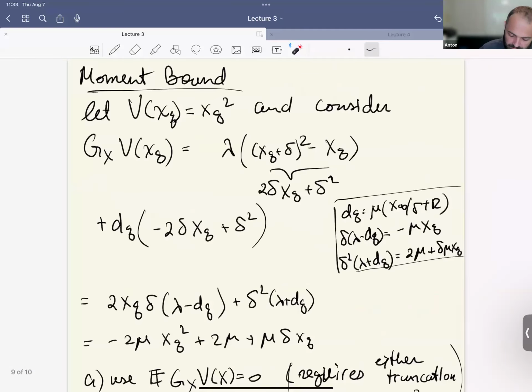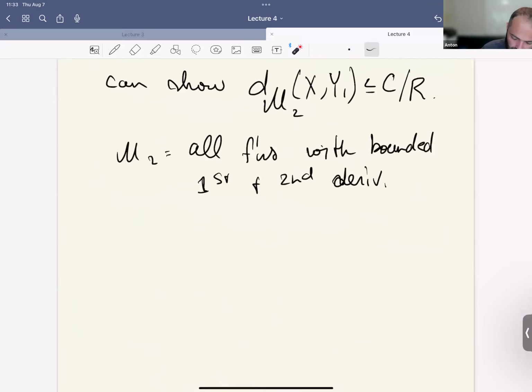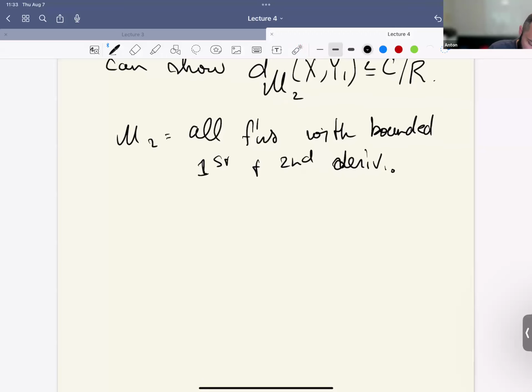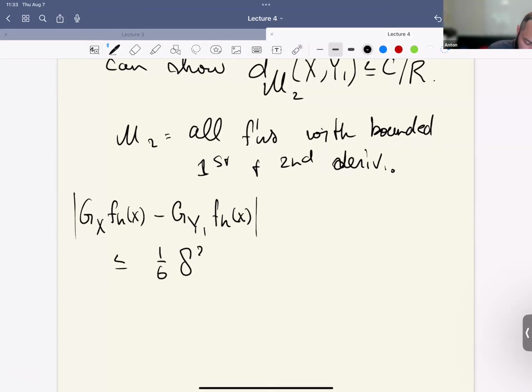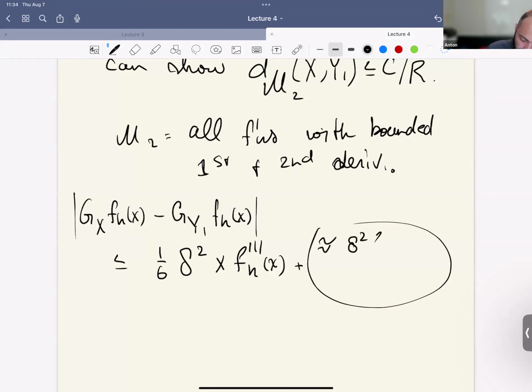So my point is, the generator of the Markov chain minus the generator of the diffusion process is less than or equal to some constant like 1/6 delta squared, expected value of |x| f triple prime sub h, plus roughly delta squared f fourth derivative of x.